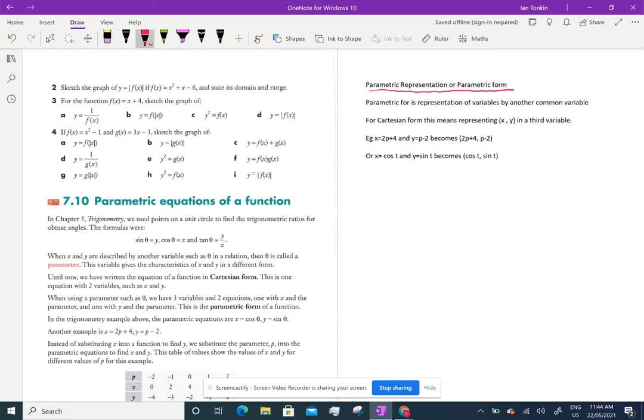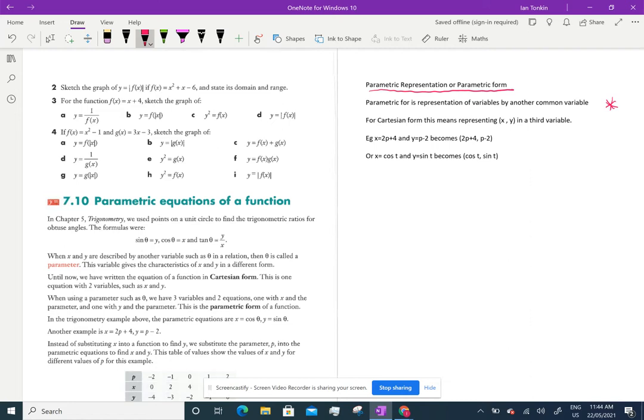Now, I started that by not saying particularly x and y because it can happen in any algebraic expression. You could have 3 or 4 variables written in terms of another variable. So parametric representation is a really good way of getting a whole lot of different variables all written in the one common variable, which helps when you're dealing with some pretty hard mathematics.